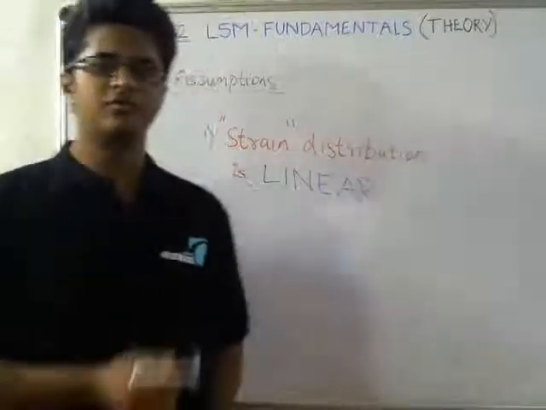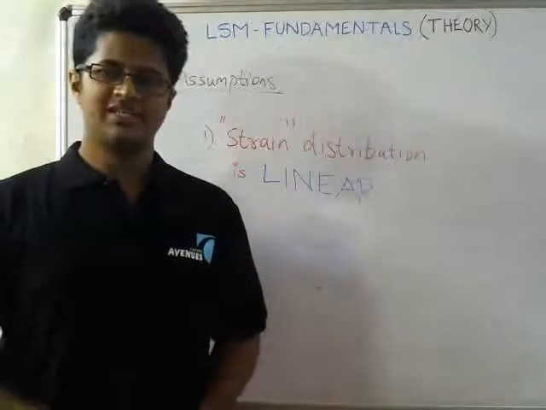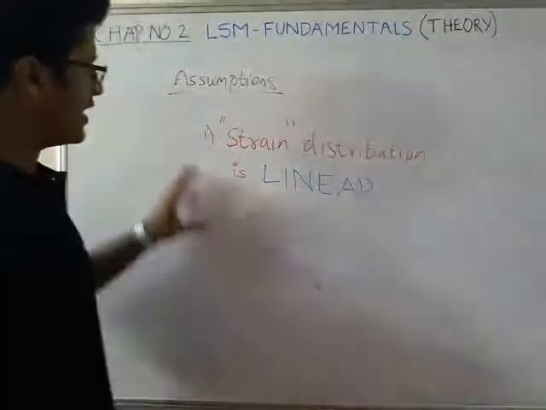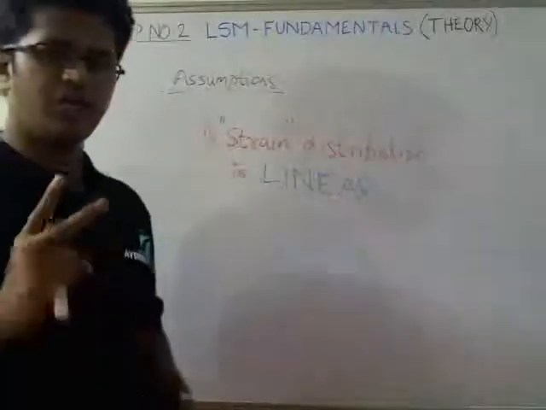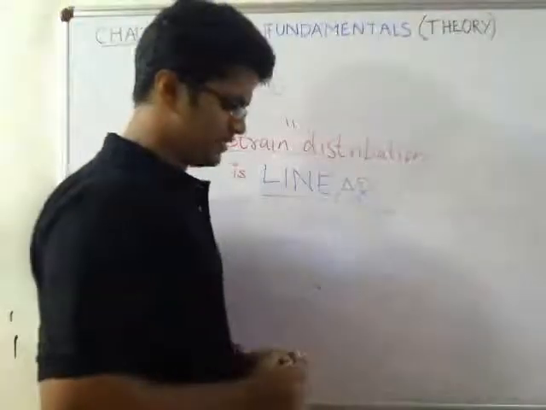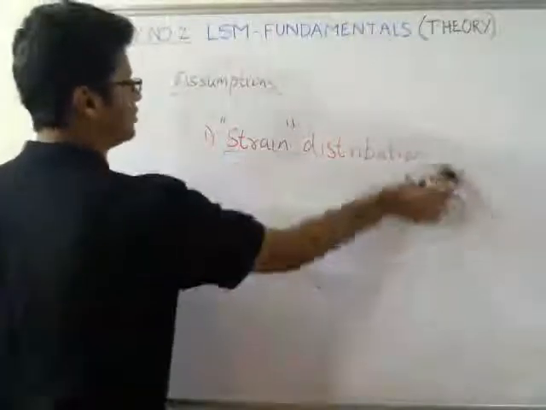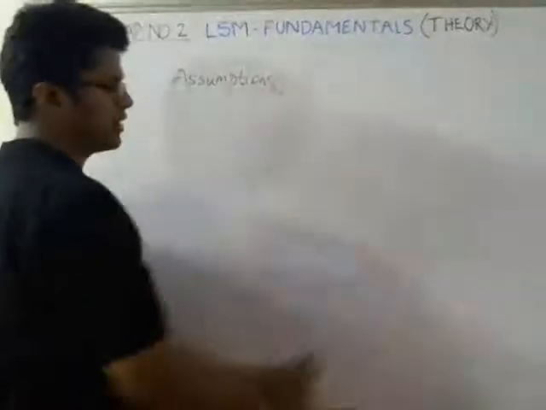We are going to make use of this assumption in the coming chapters as well. So just understand the statement. Two key words are, first, strain, and the second one, linear. And the name of this assumption is Bernoulli's assumption.